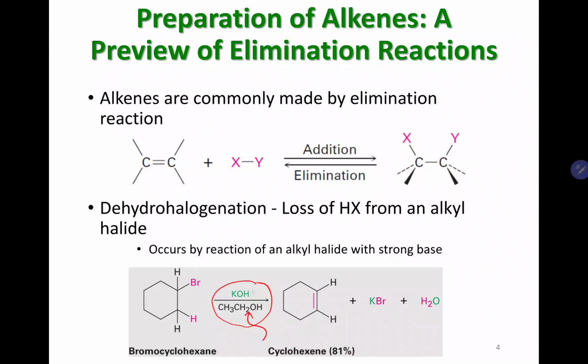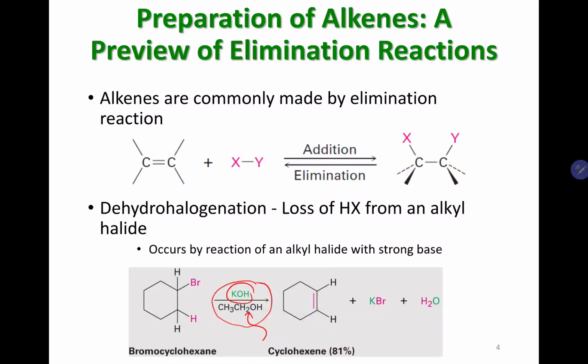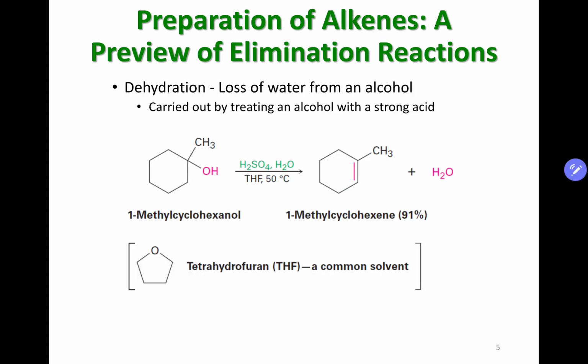Of course, KOH is an ionic compound, which means it is not going to be soluble in organic solutions like alkyl halides. So therefore you need a mediator. That is why we are using alcohol as a solvent. So the first reaction that we learned is the use of KOH in the presence of alcohol medium to generate an alkene using an alkyl halide.